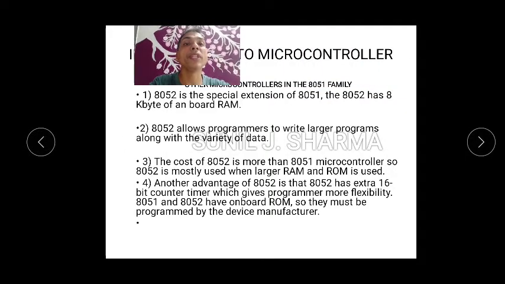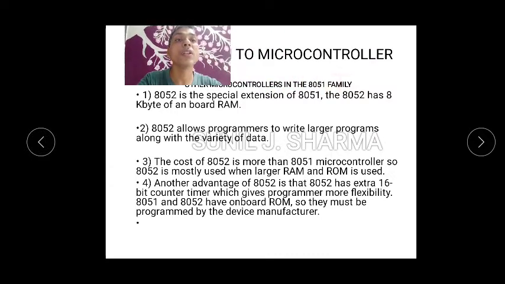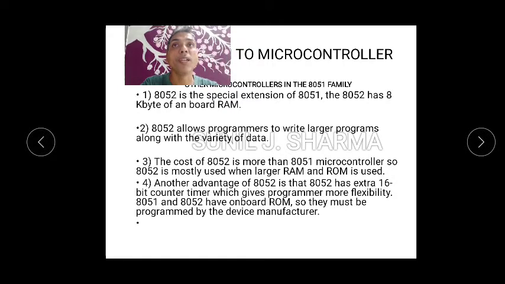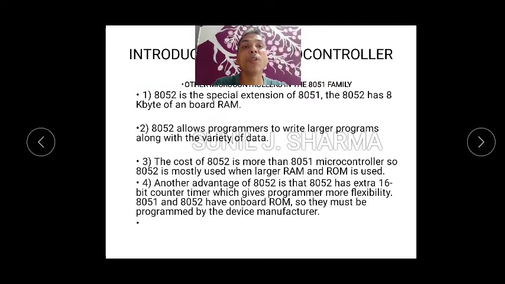Now the next topic is other microcontrollers in the 8051 family. Like we have the x86 family, in the same way we also have a family of 8051, or a microcontroller family. 8052 is a special extension of 8051. 8052 has 8 KB of onboard RAM, which allows programmers to write large programs along with a variety of data.